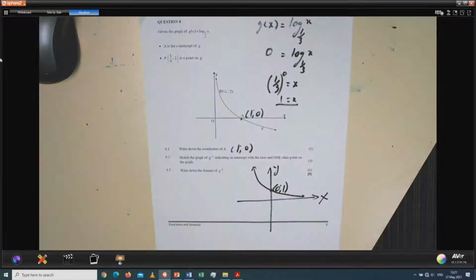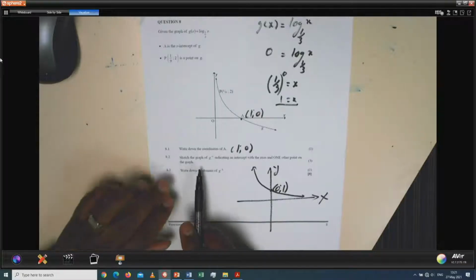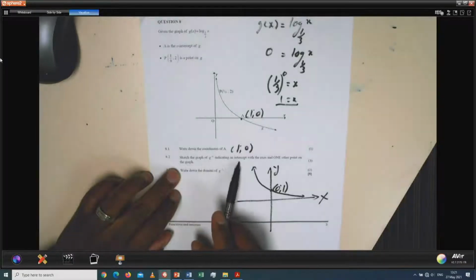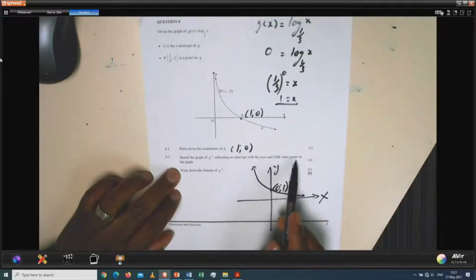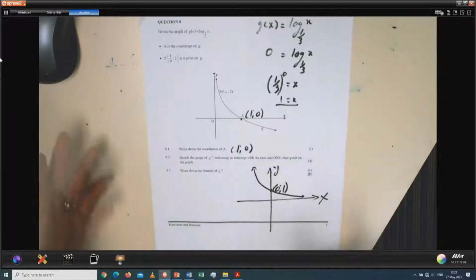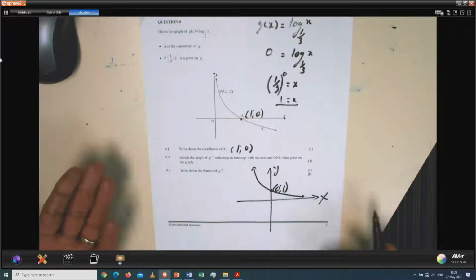This is the inverse. And the question says, sketch the graph of the inverse, indicating intercept with the axis. Here is the y-intercept. And 1 point on the graph, any point on this graph.